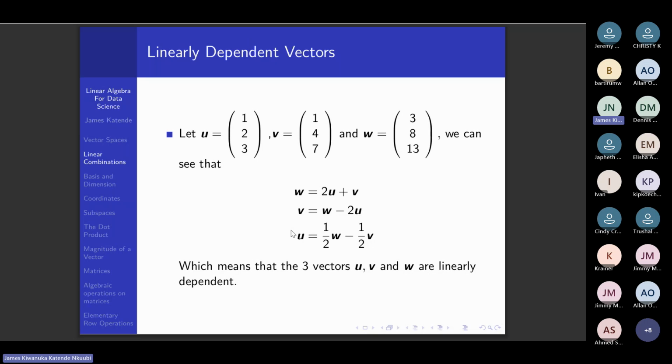Similarly, v can be written as a linear combination of w and u, and u can also be written as a linear combination of w and v. So this set of vectors, u, v, and w, will be said to be linearly dependent, because if you pick any one of them, you'll be able to write it as a linear combination of the other remaining vectors.